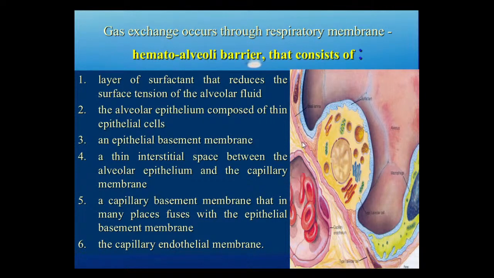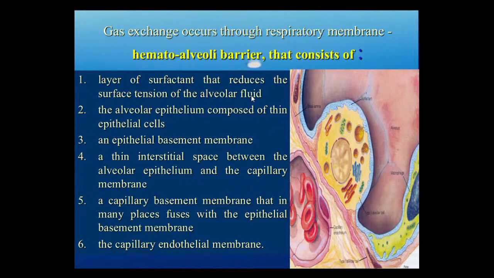It's thin interstitial fluid between the alveoli epithelium and the capillary membrane. It's a capillary basal membrane that in many places fuses the epithelial basal membrane. And it's a capillary endothelial membrane.